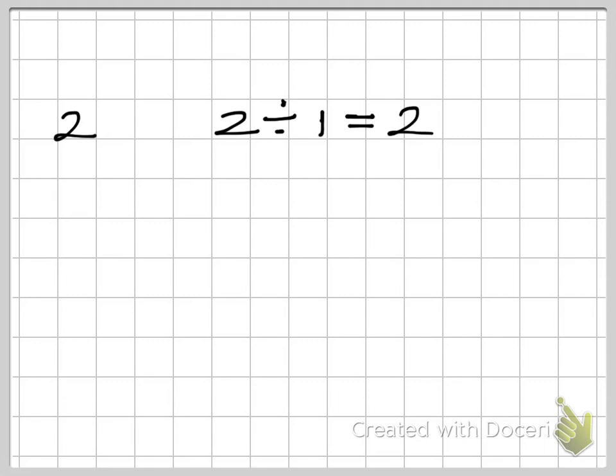If I have 2 sweets and I need to divide it by 1 person, it's going to give me the answer of 2. That 1 person is going to get 2 sweets. If I have 2 sweets and I needed to divide it by 2, the answer is going to be 1. Why am I saying this? If I have 2 sweets, I need to divide it by 2 people, myself and another friend.